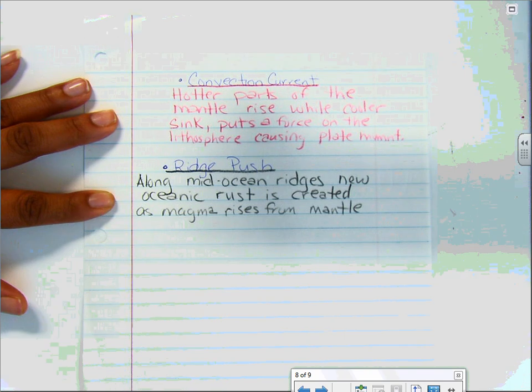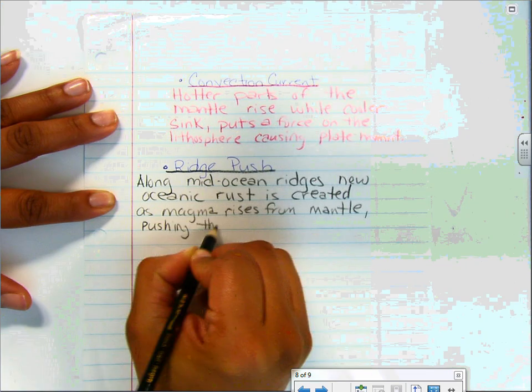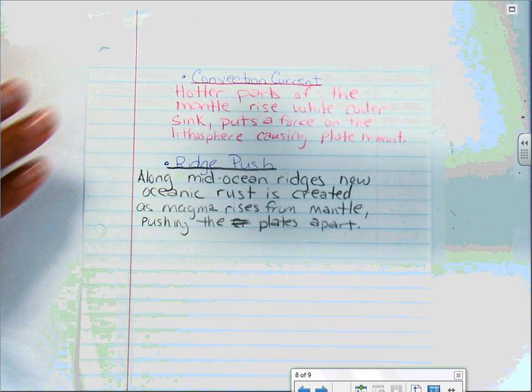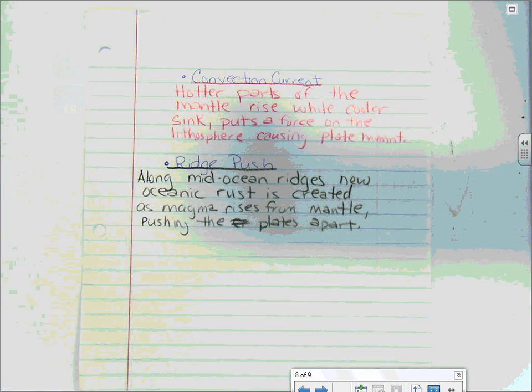So pushing the plates apart. Think about your skin. If blood is coming out, it's going to open up your skin, pushing your skin apart. That's why it's open, and then a scab has to form to stop it from doing that. So just think about that when you're thinking about the earth and what's going on with the earth.